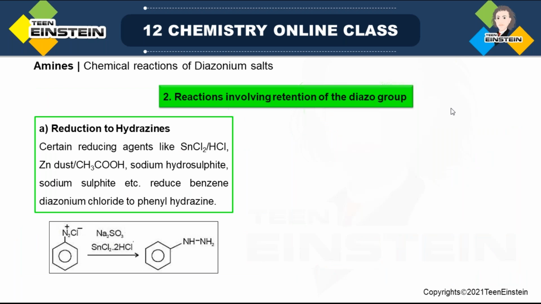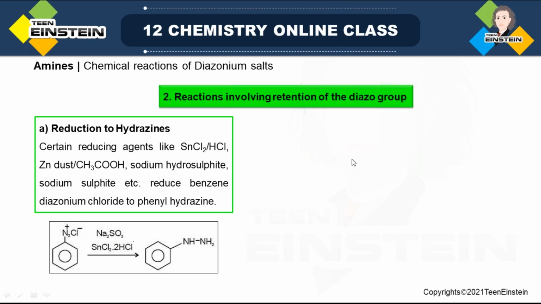So now we have finished the first category. The first category is basically where you have replaced the N triple bond N part, I mean the N2 plus part, or you can say the diazo group. But now in the two reactions that we are going to discuss, we are not replacing the NN triple bond part, but we are going to retain it.